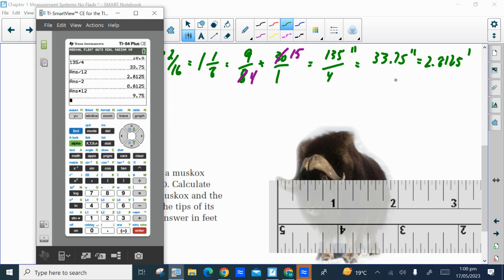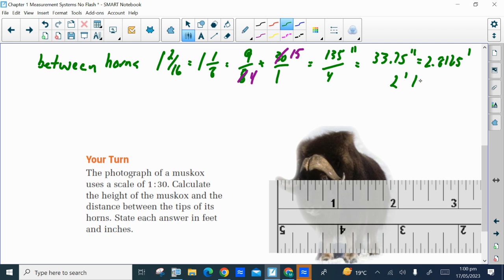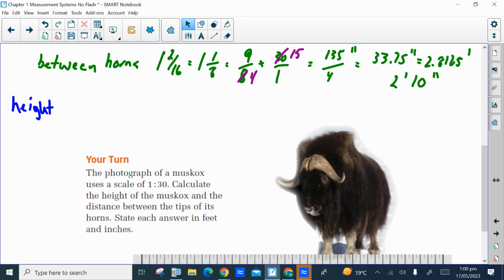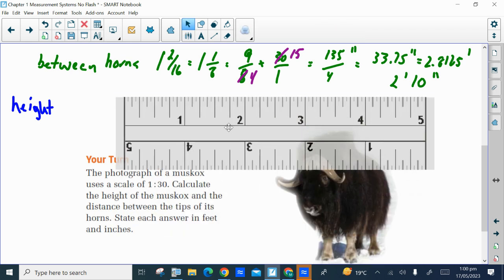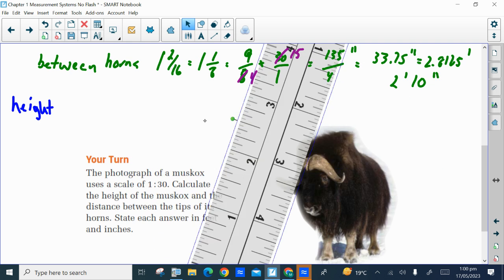So 2 feet, 10 inches. That's the distance between the horns. And now we want to do the height. So we will have to rotate our ruler.